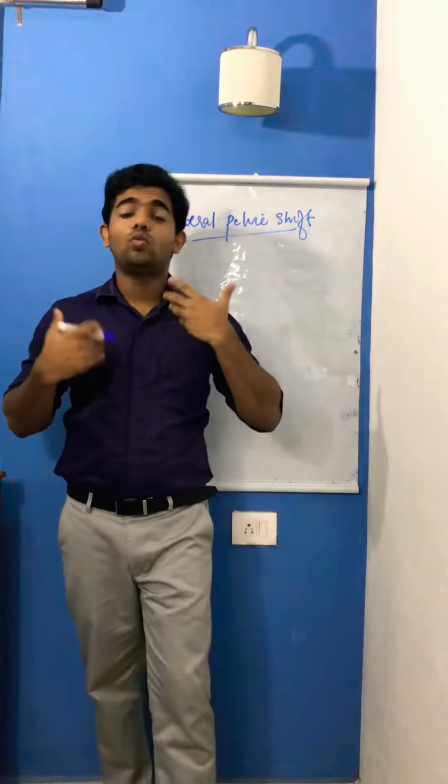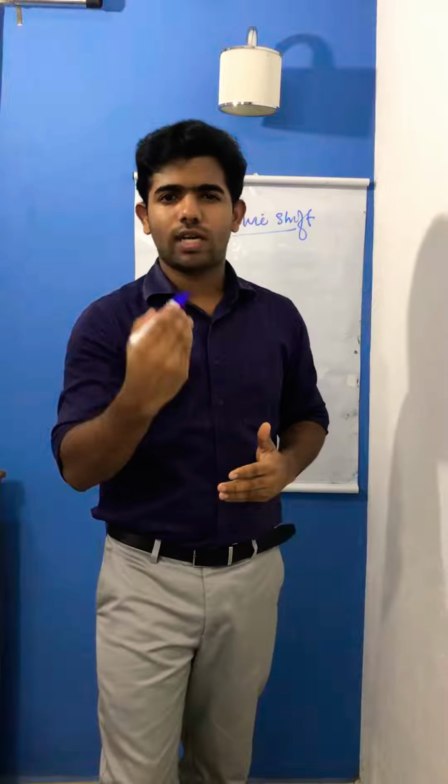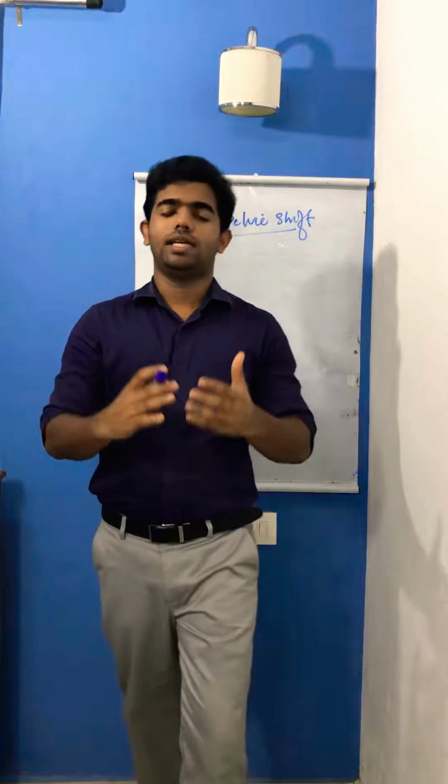Before that, what was lateral pelvic tilt? Can anyone recollect it? Lateral pelvic tilt is a mechanism, especially happening in the unilateral stance, in which your pelvis lifts upward, or your iliac crest moves upward or downward.